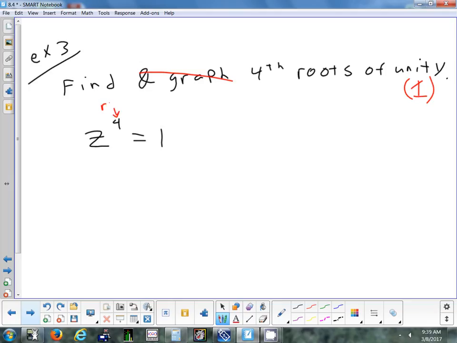This is the root you're finding. That's what you're finding the root of. Okay, so if you said to me, find the sixth root of 1, I would set up this equation. Exponent is the root. What goes on the other side is what you're finding the root of.